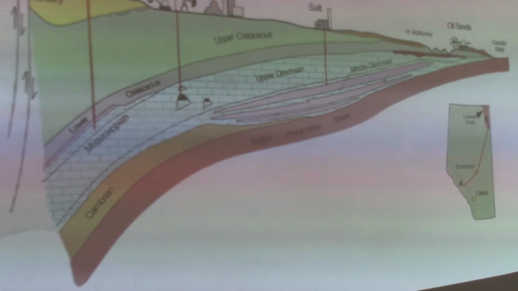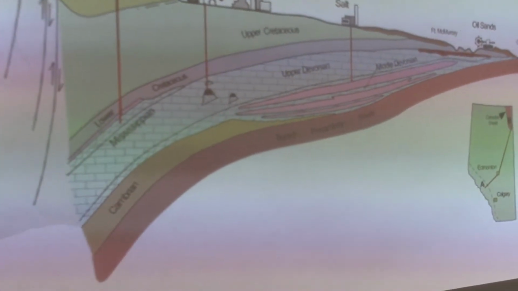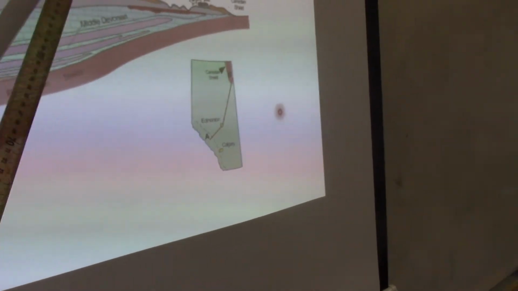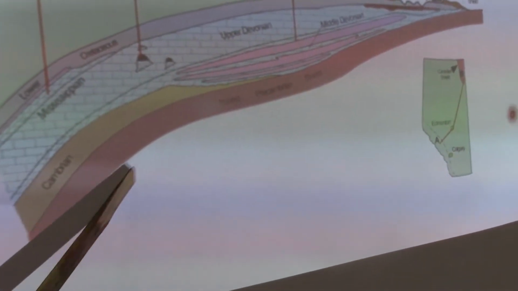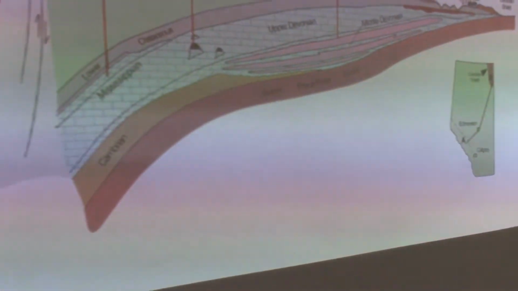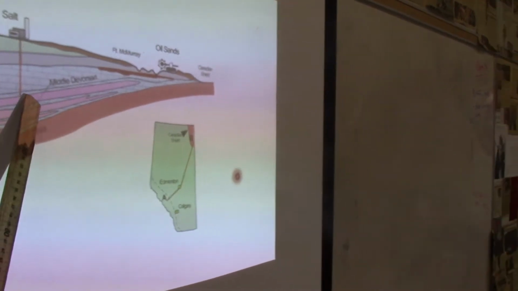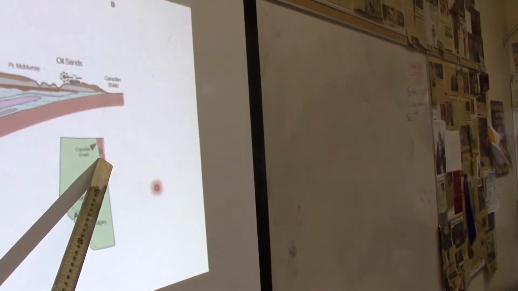So here's the deal: we have the North American plate and the Pacific plate colliding to create the Rocky Mountains, and this causes crustal uplift of sedimentary rock. As the shield rises, all this sedimentary rock created by the crustal uplift from the Rockies squeezes against the shield in the northeast part of the province.